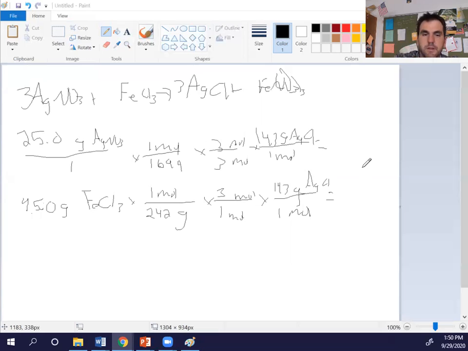Same thing. Top one's 21 point, what? 21.153? So 21.2, correct? And what about the bottom one?